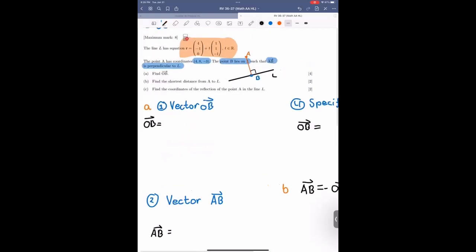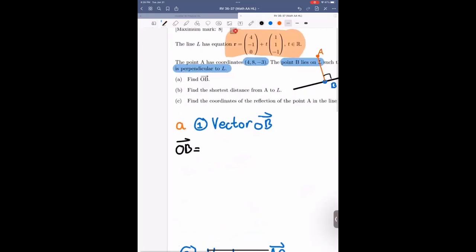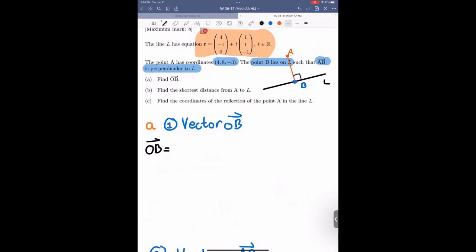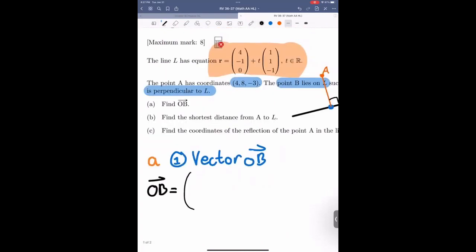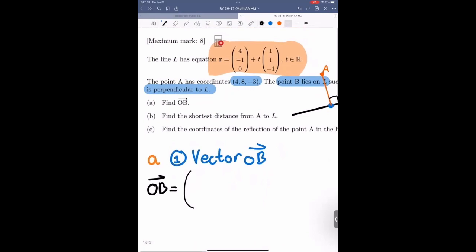All right. Firstly, we're asked to find the vector OB. Now, OB is the vector from the origin to point B. Since we know that point B lies on line L, we can use the equation for r in order to find OB.